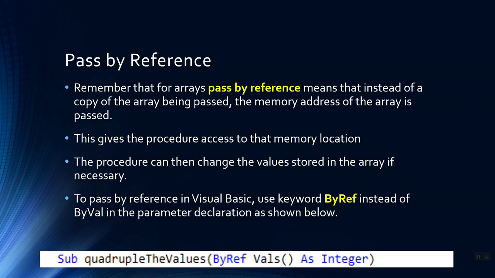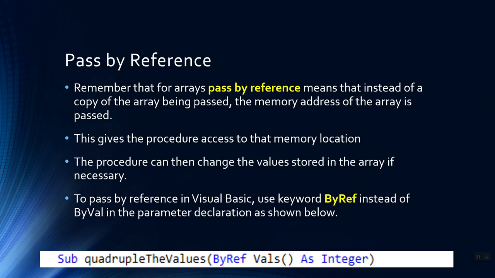So now we're going to explore pass by reference. Pass by reference is something that can be used instead of ByVal. And in particular, it's used when we are passing an array to another procedure.